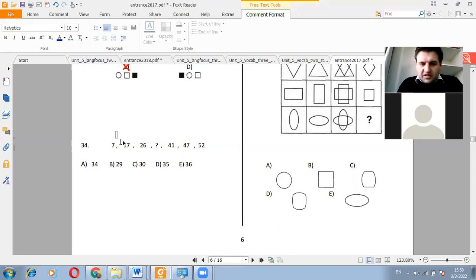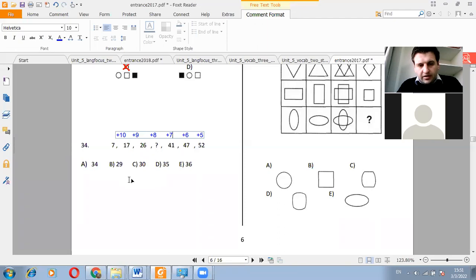So numbers increase. The first one increased by 10. The second one increases by +9. Here we don't know yet. Here we still don't know. Here we see it's +6. Here we see it's +5. And you need to fill in the gaps: 10, 9, 8, and 7, then 6 and 5.